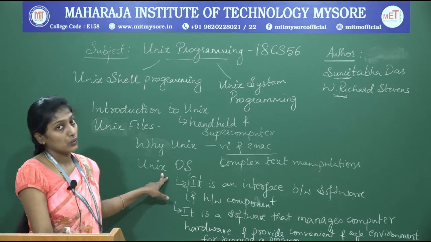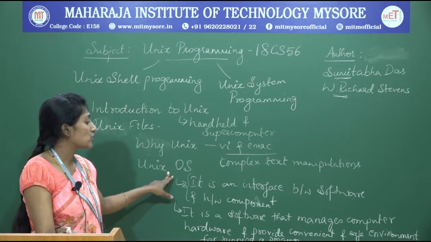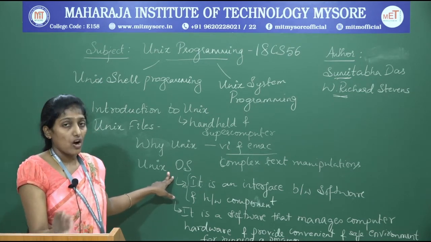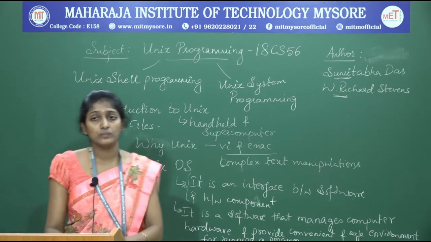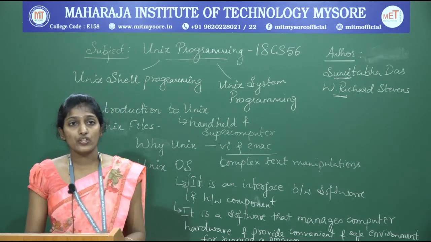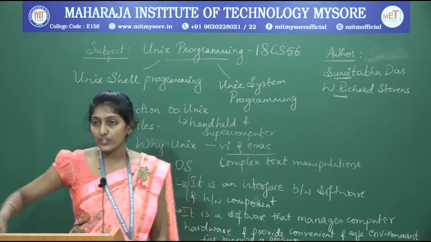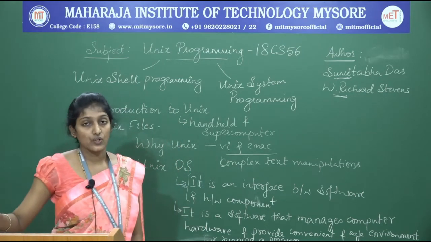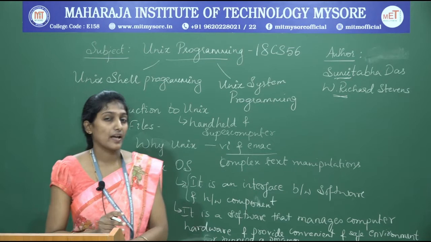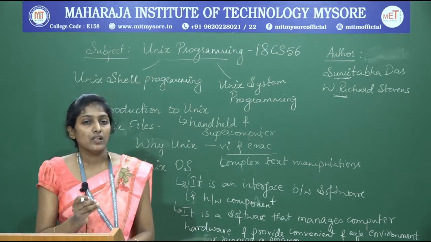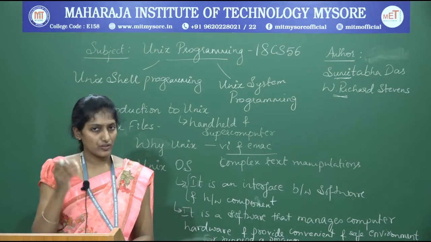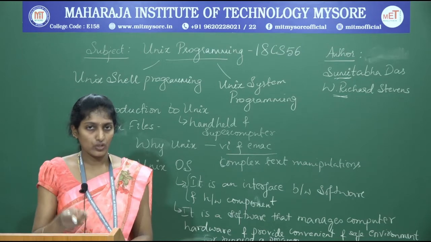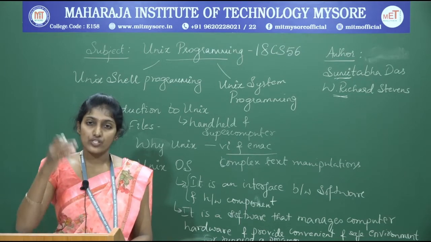Next, what do you mean by the operating system itself? If I want to execute any program within a system, you write a program, edit the program, and a few instructions will be there.